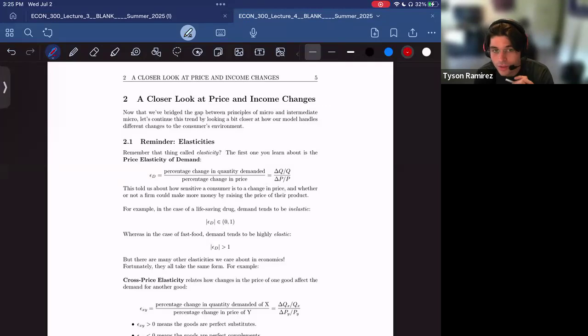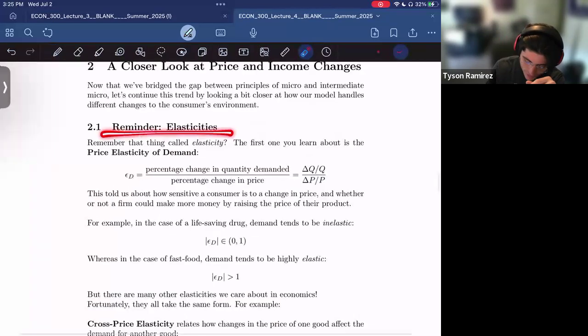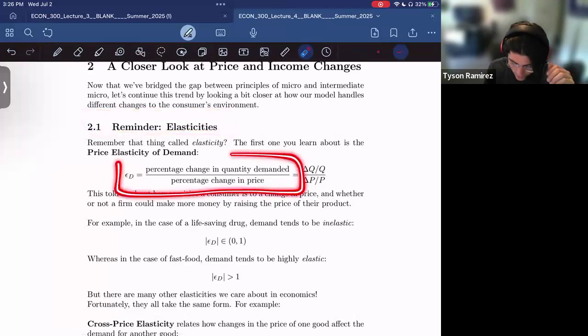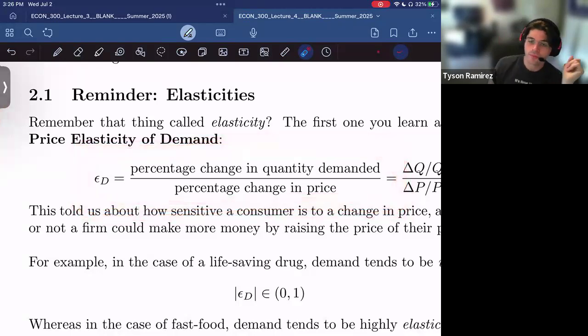Let's remember some other things that we saw in Principles of Micro. One of the things I want us to recall now is elasticities. Elasticity is one of the things you probably saw in the first half of your micro course. The one that you saw was the price elasticity of demand, which is defined as the percent change in quantity demanded divided by the percent change in the price.